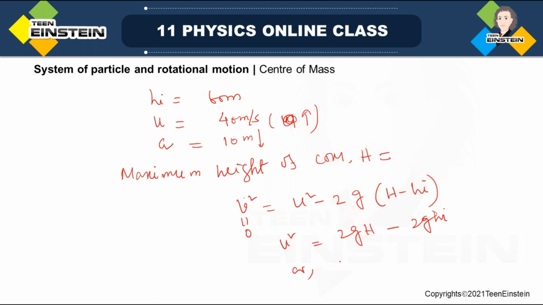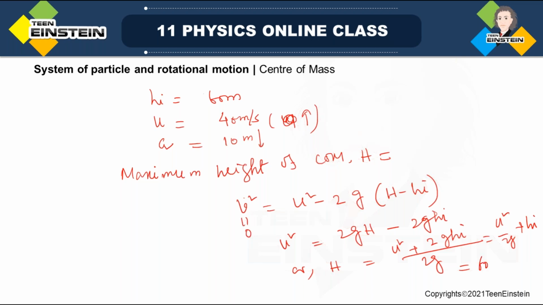Okay, so then it will be actually capital H will be u square plus 2gHi divided by 2g. Okay, if you put all the values, then you get here actually u square by 2g plus initial height.